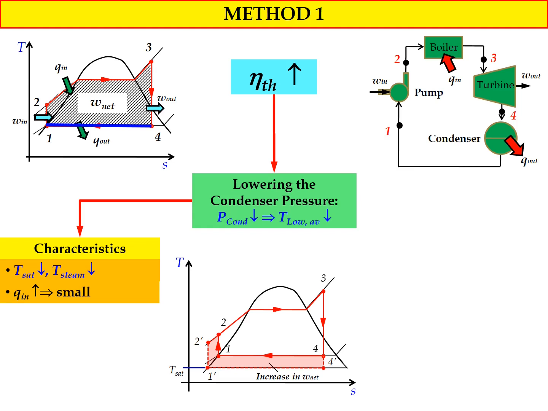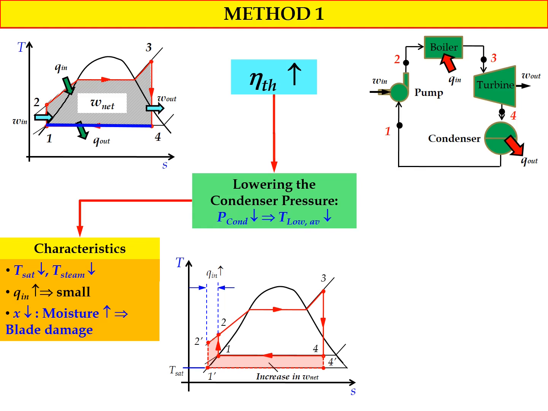And during the process, when we lower the condenser pressure, we also have an increase of Q in. However, this increase is very small, and it refers to the process involving state number 2 prime and state number 2, as shown in the TS diagram.